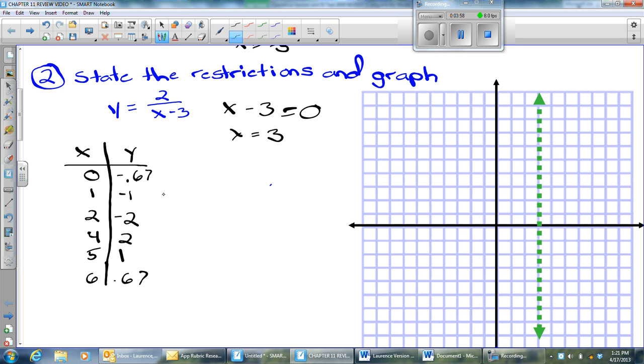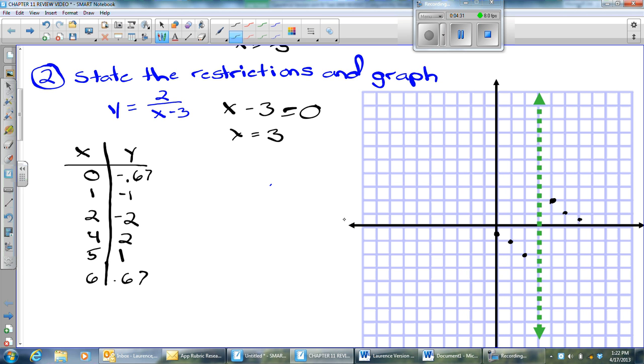So I'm going to plot these points. Over here, I'm going to go over 0, up negative, right about here. Positive 1, negative 1, positive 2, negative 2. Then on the other side, I'm going to get 4, 2, 5, 1, 6, and 0.67.